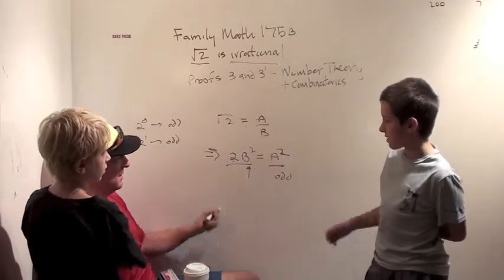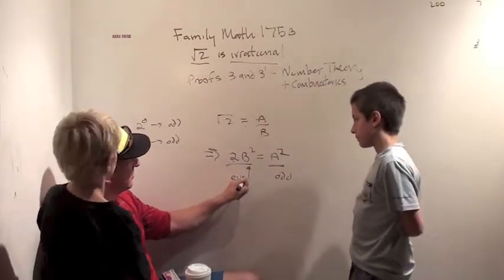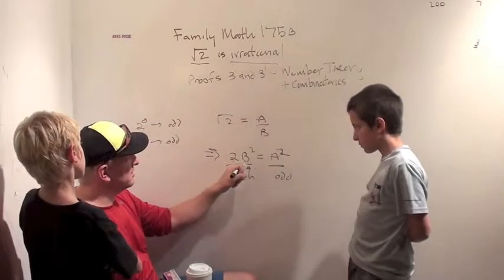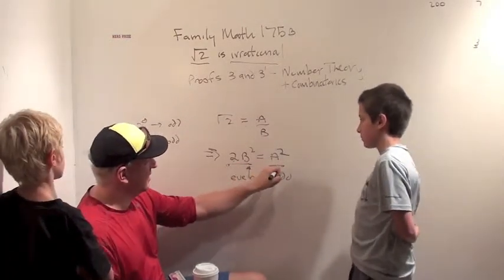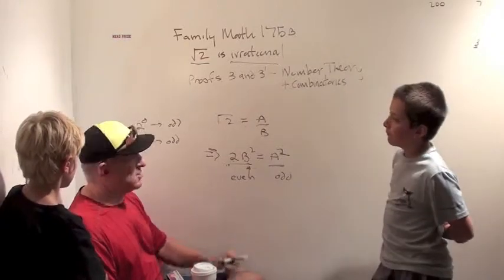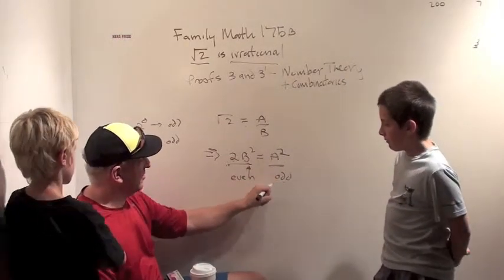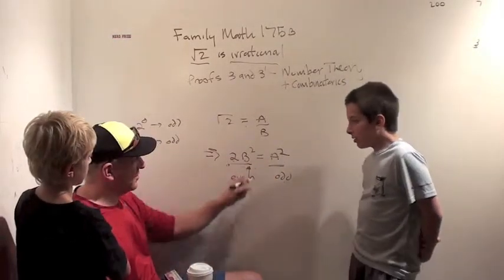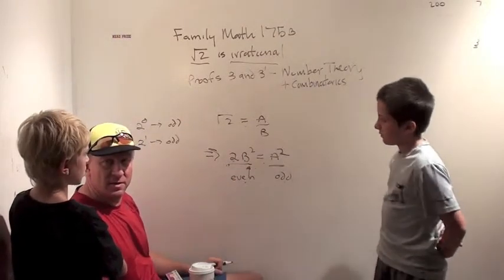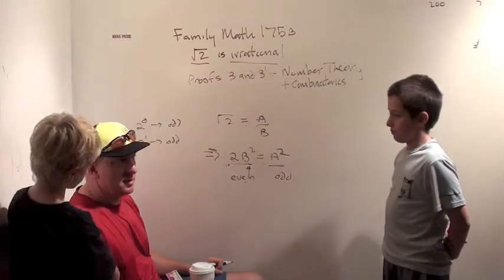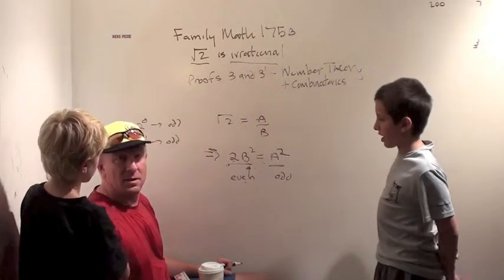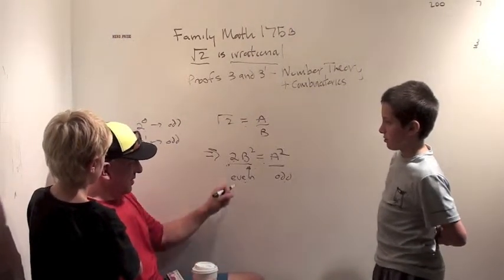So it's even. I have an even number of factors on this side. So I have an integer 2b squared, and an integer a squared. This side has an odd number of factors, this side has an even number of factors. Could they ever be equal to each other? No, because odds can't equal evens.